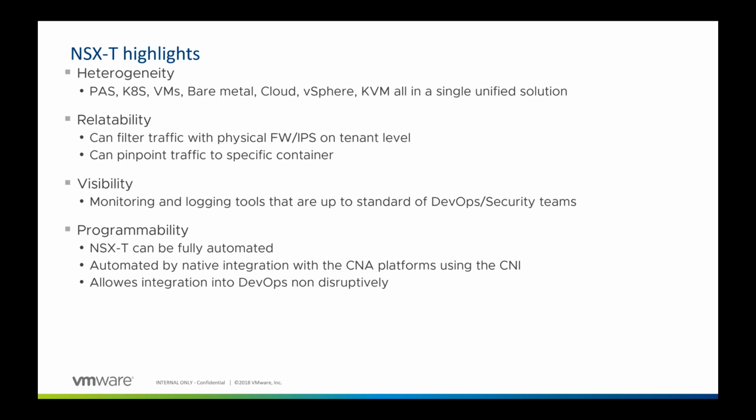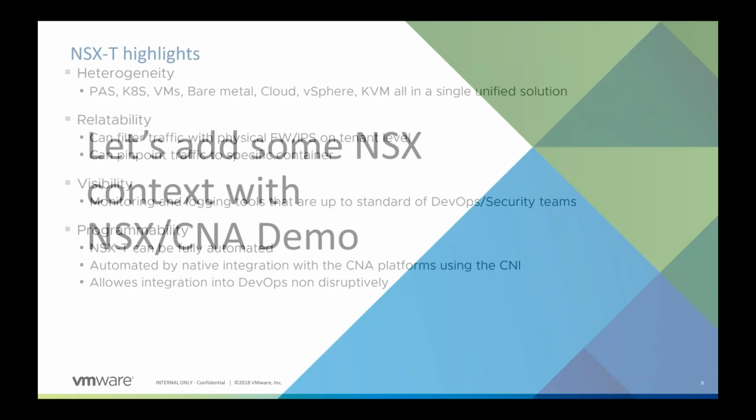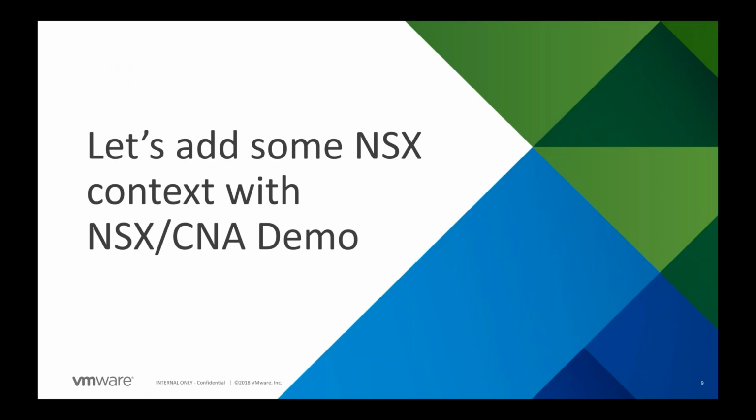NSX-T is one of the best solutions with a robust API at VMware, and I'm going to show you how I can fully automate NSX-T end-to-end, from nothing to everything, with a single click, because the API is so good. All right, finished with the slides. Let's go into demos.